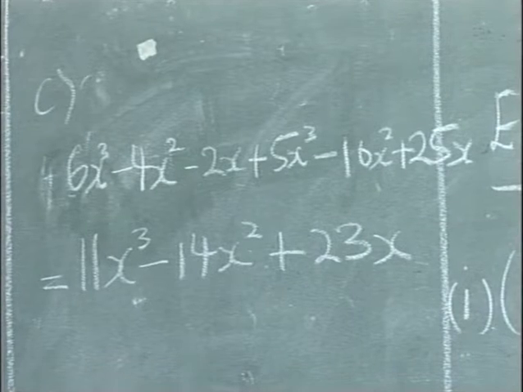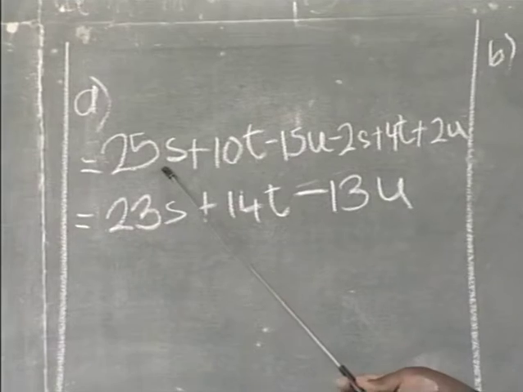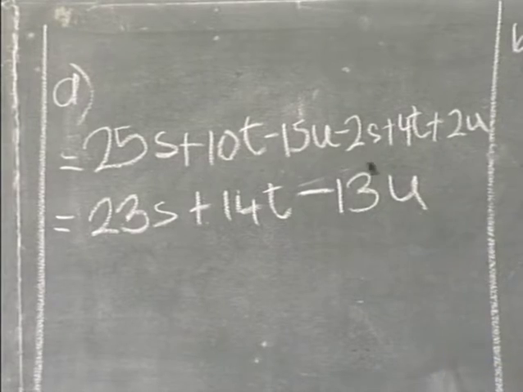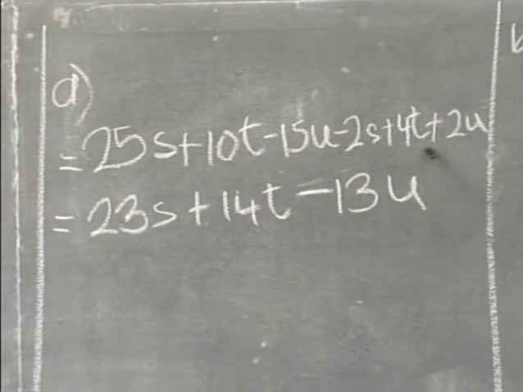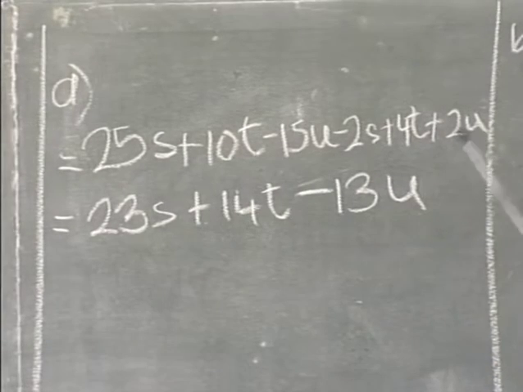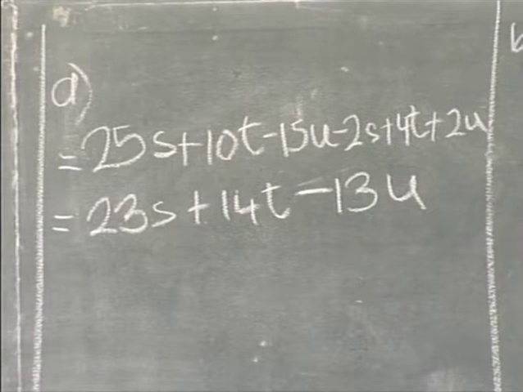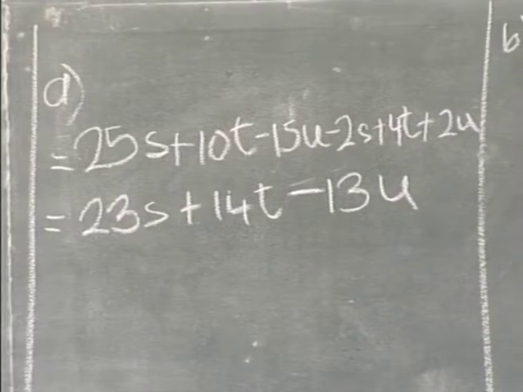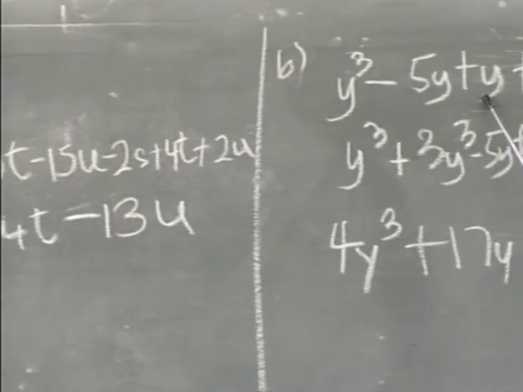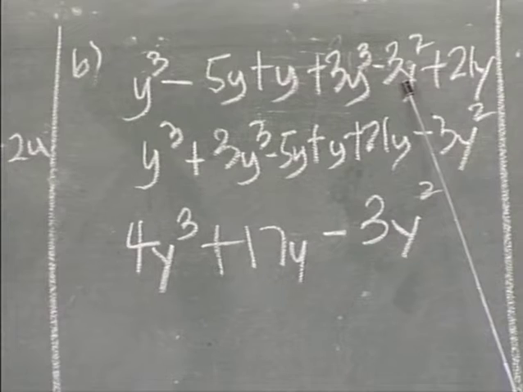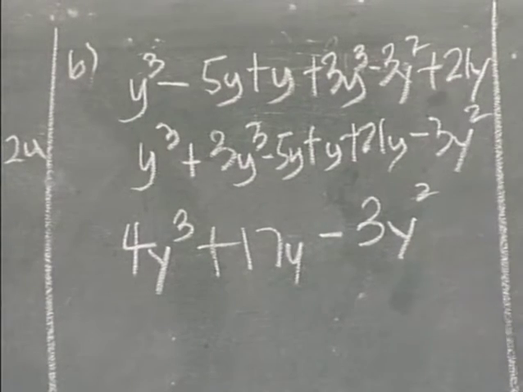First A, right, 25S plus 10T minus 15U, minus 2S plus 4T plus 2U, okay? 23S plus 14T minus 13U, correct? All right, letter B, y cubed minus 5y plus y plus 3y cubed minus 3y squared plus 21y.